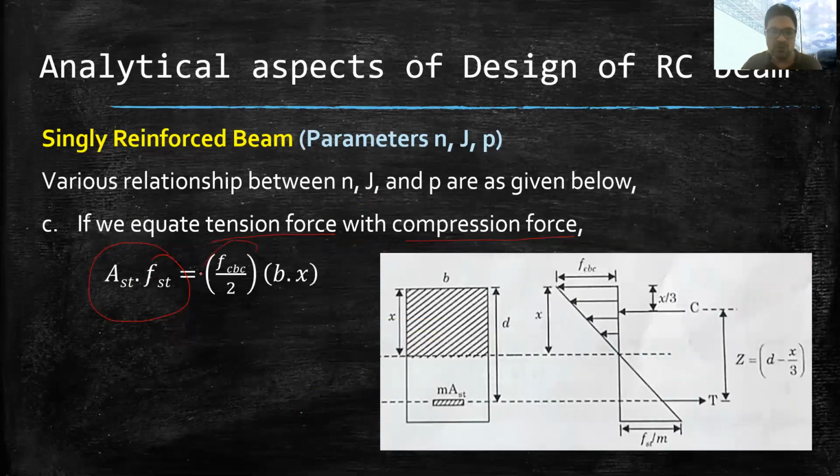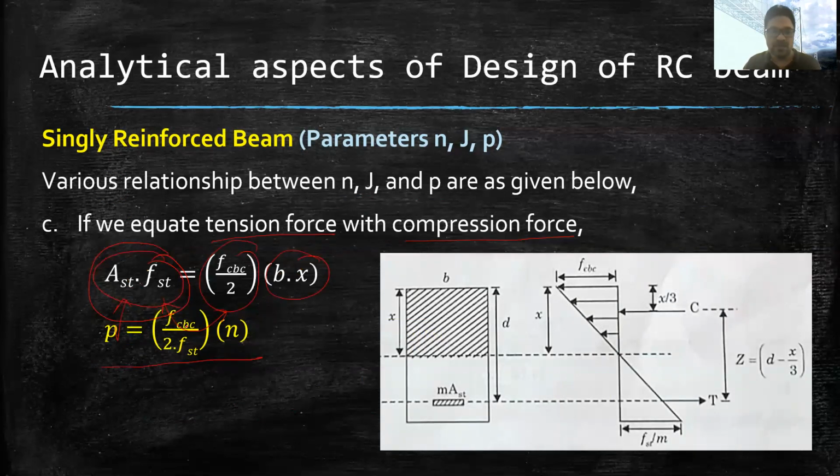Similarly, the compression force is the average stress in concrete multiplied by B into x. Remember, this time we are not using the transformed or equivalent area. We are using the actual area of steel and the actual stress in steel. If we equate them, we can generate a relationship, and that relationship will be this one.